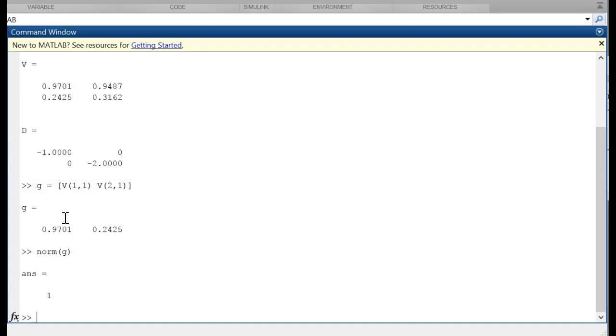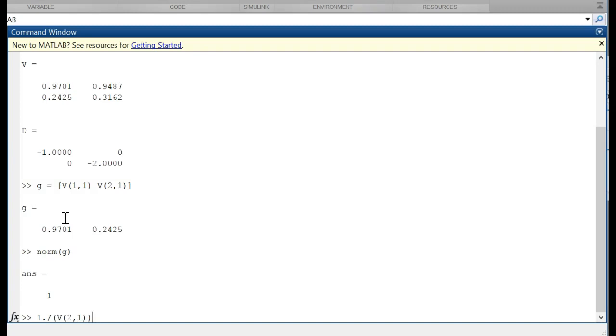The vector that I found corresponding to -1 was a multiple of 3, 1. So if I want the 1 in the second position, I should take 1 divided by V 2, 1, which is the 0.2425.